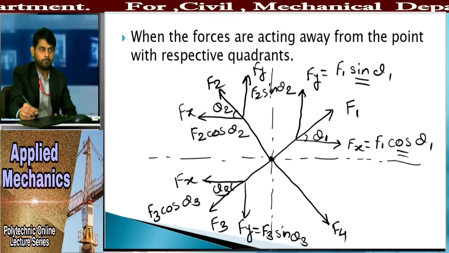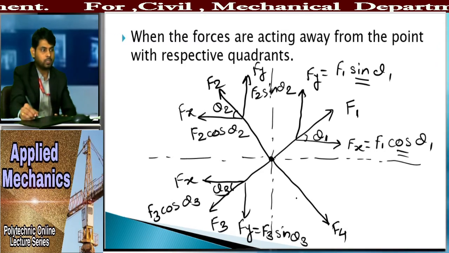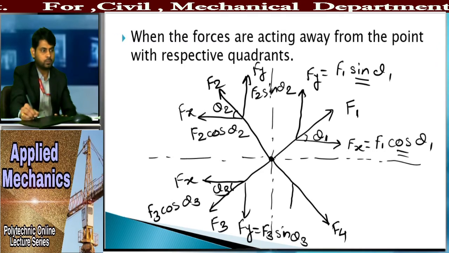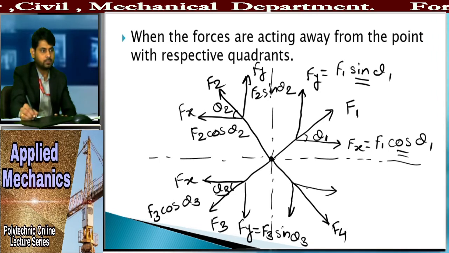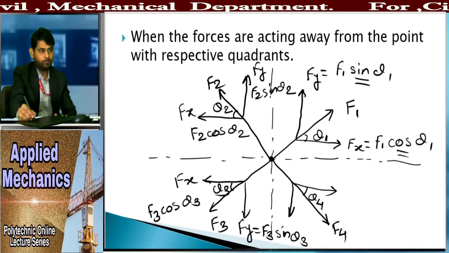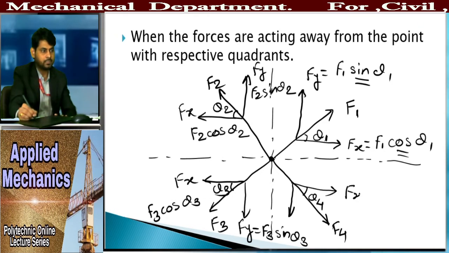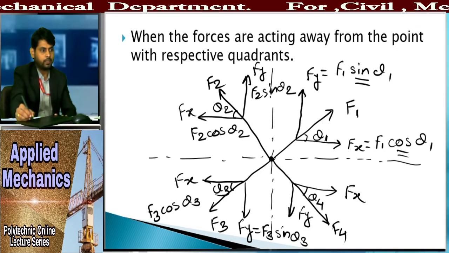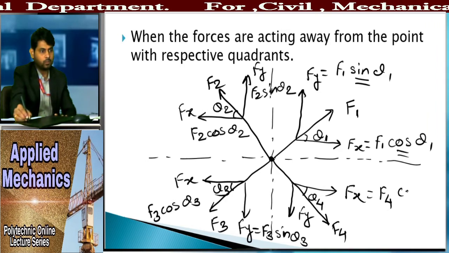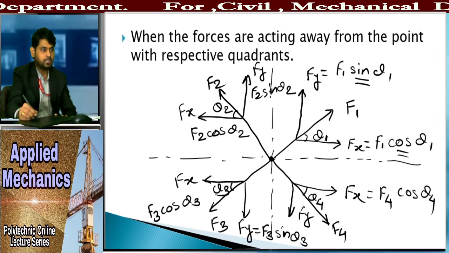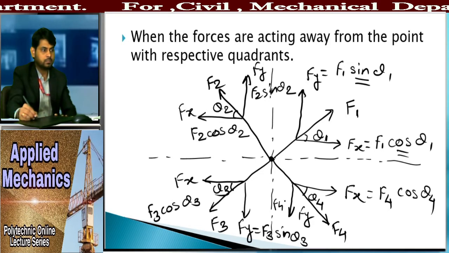After that similarly resolve force 4. So it will be like this. This is your angle theta 4, this is Fx, and this is Fy. Here Fx is nothing but F4 cos theta 4, and Fy is nothing but F4 sine theta 4, right?